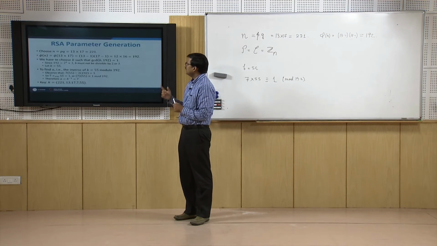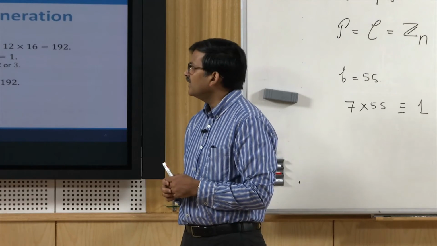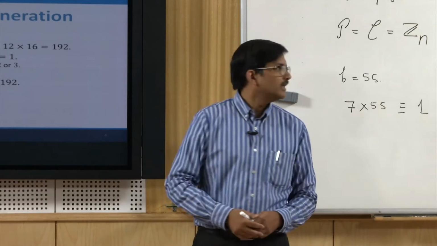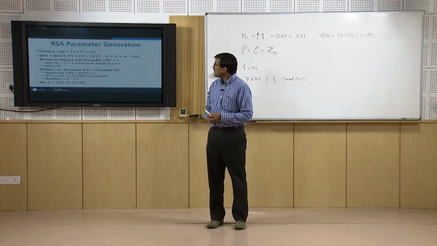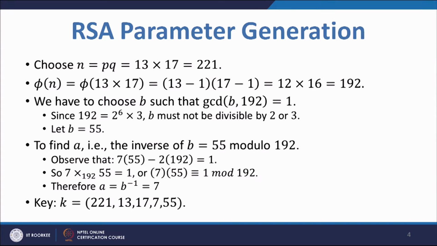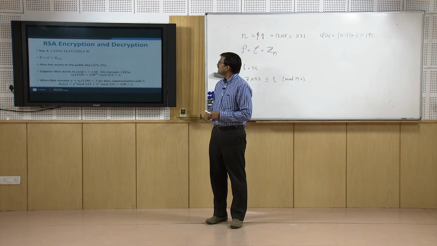We know that B is 55, and if B is 55, A is going to be 7, and therefore we have the key, as you see here: 221, 13, 17, 7 and 55. So this is RSA parameter generation, and once we have generated the parameters, we can do the encryption.